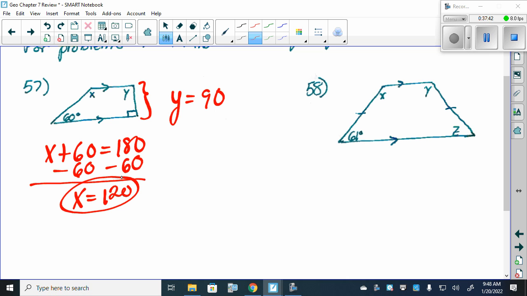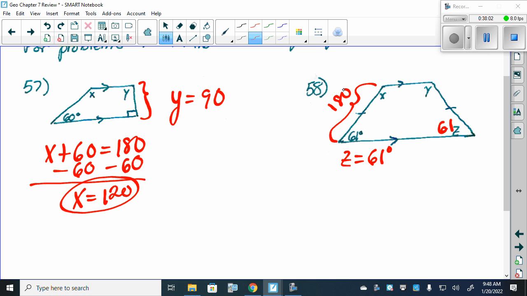Now if it is an isosceles trapezoid, the base angles are congruent. So that means for us here that z is 61 degrees. And again, these two here still add together to be 180.